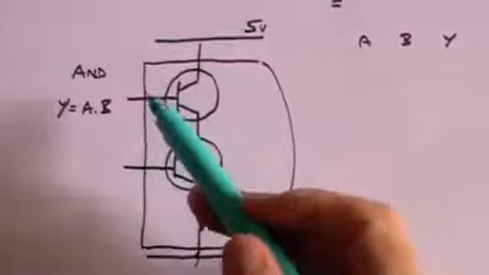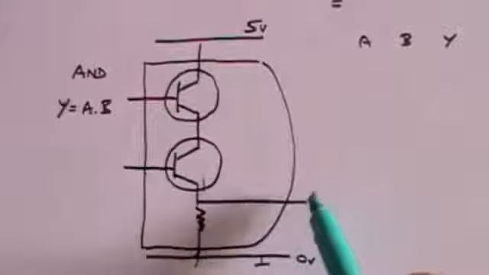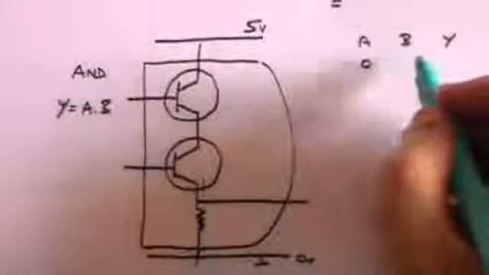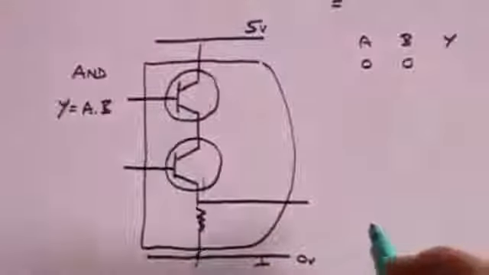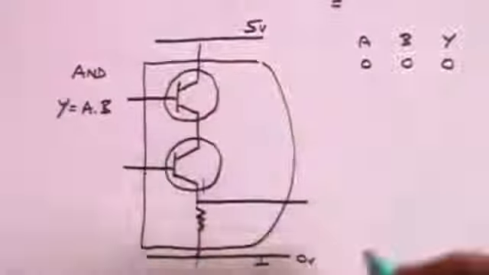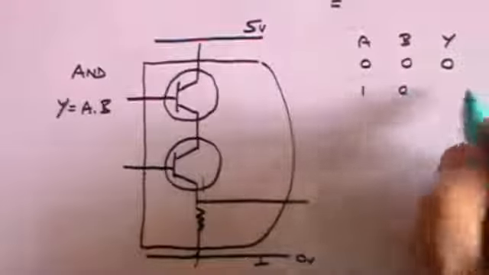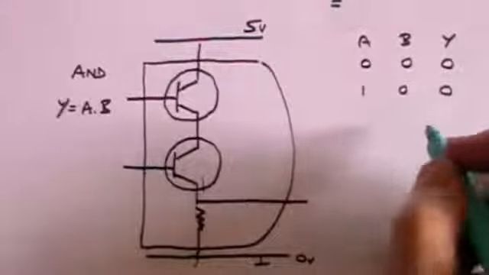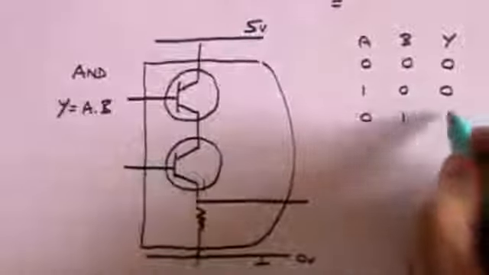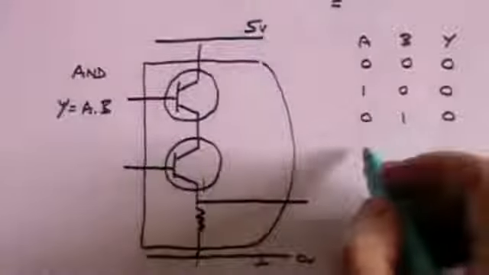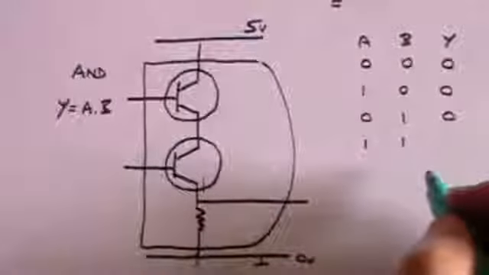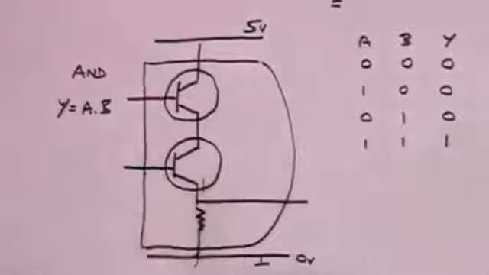Our inputs are A and B and our output Y. If the inputs are both 0, the output is 0. If one of them has a positive voltage and the other doesn't, the output is still 0. If it's the other way round, the output's still 0. It's only if both A and B have positive voltages that you will get a positive voltage out.